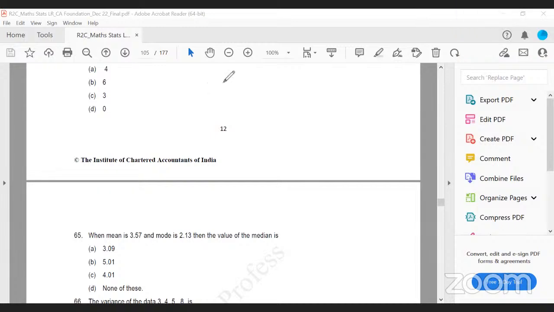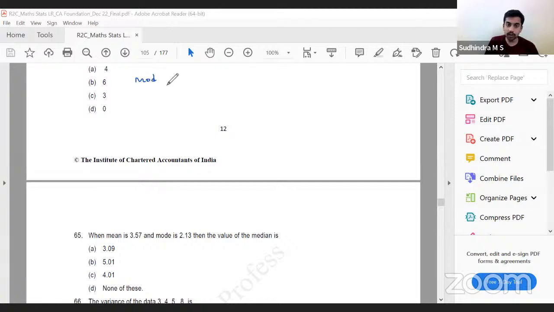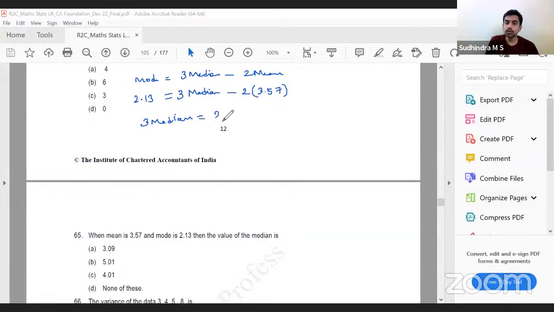Using the empirical relationship. We all know mode is equal to 3 median minus 2 mean. They have given mode as 2.13, equal to 3 median minus 2 times 3.57. So 3 median is equal to 2.13 plus 2 times 3.57, which is 7.14. This gives us 9.27. Therefore, median is 9.27 divided by 3, which is 3.09.